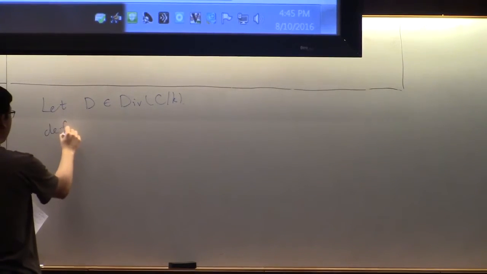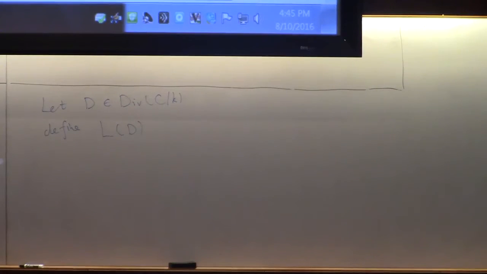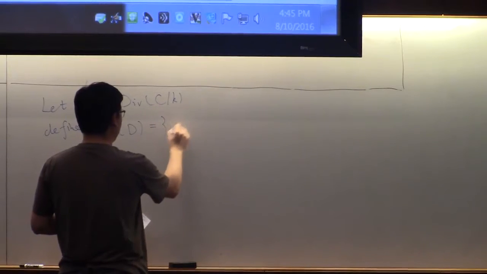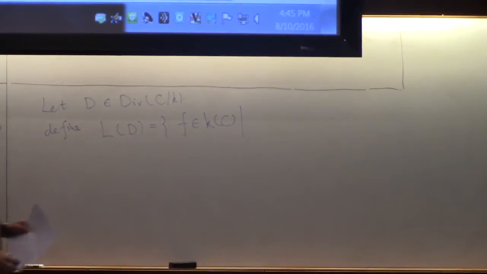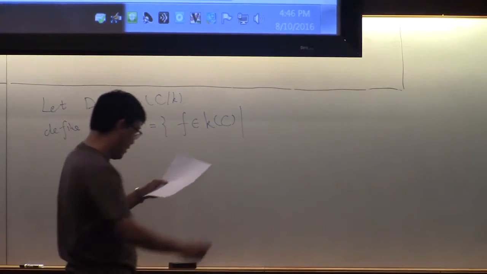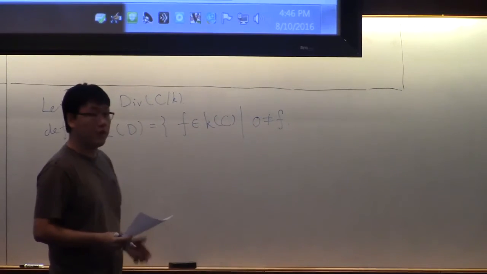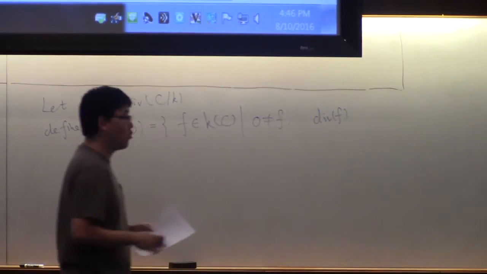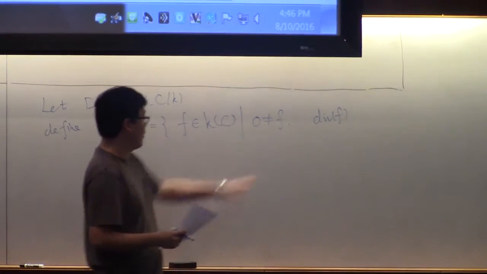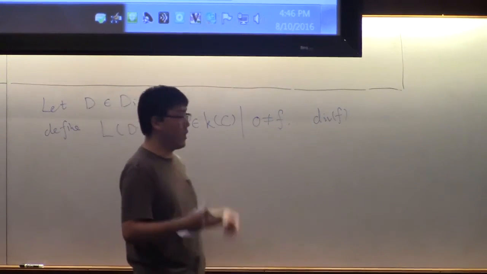Then I define a set which is denoted by capital L(D). So this L(D) is all the non-zero rational functions on the curve C with the property that if you take the principal divisor associated to this rational function, you recall you just take all the zeros and all the poles and add them together.